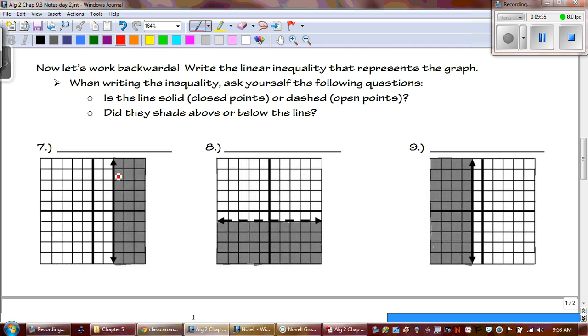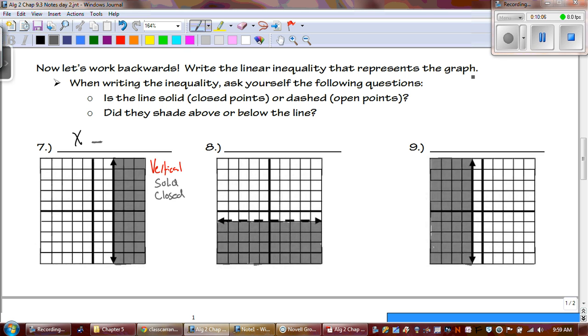Now, first thing I notice is it's a vertical line. So with a vertical line, we know that it's an x, okay? Now, the next thing we notice is, is the line solid or dashed? It's solid, which means it has closed points. So I know my symbol is going to have the line underneath it.